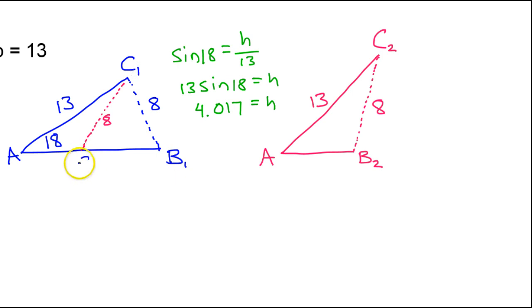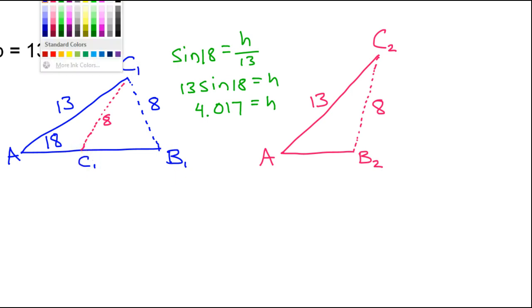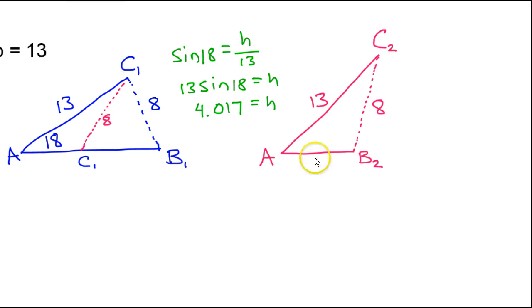And this will be side C1 and this will be side C2. Okay, I forgot the 18, which is not changing. Alright, so we have 2 triangles. Let's go ahead and solve the blue triangle first.